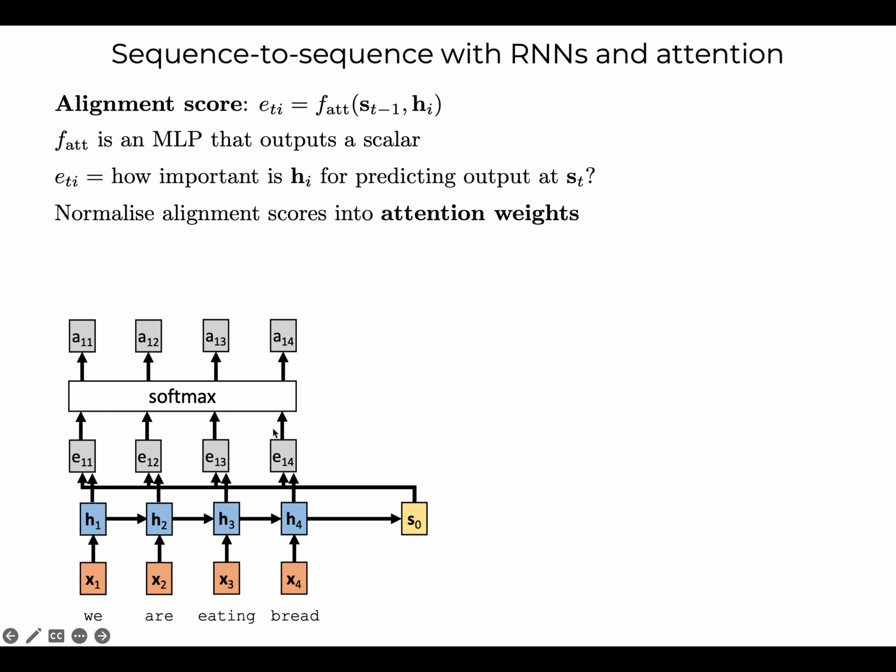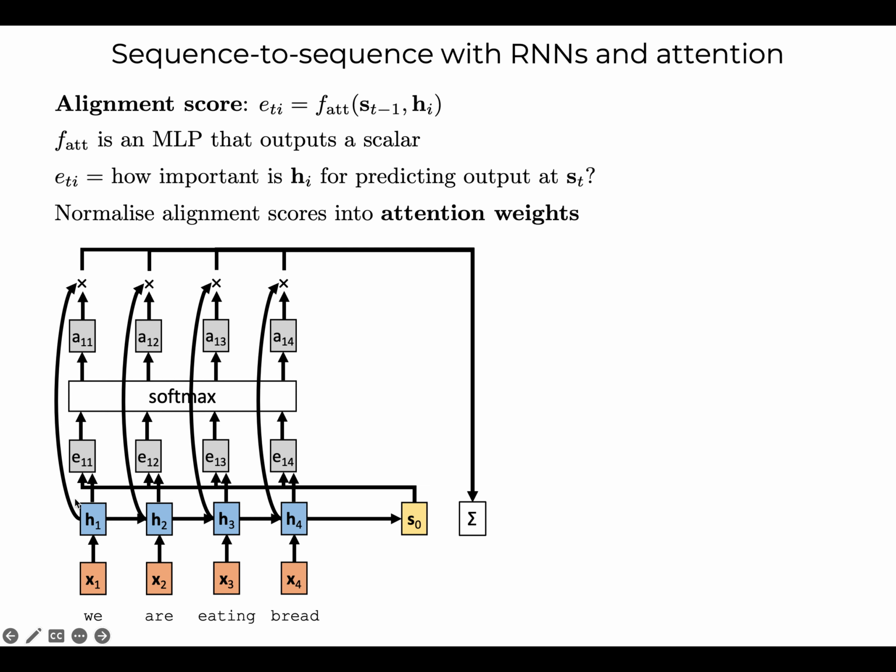So we take these scores, which are telling us how important each of the hidden states is in order to compute the decoder output at this point, and we now pass them through a softmax function. Instead of these raw scores, which could be any value, positive or negative, unbounded, we now have a set of values A11 to A14, which are between 0 and 1 and sum to 1. So we can use these as weights to combine the encoder hidden states.